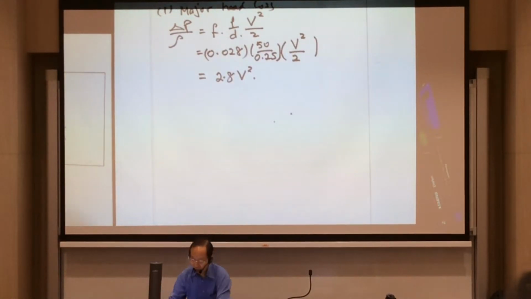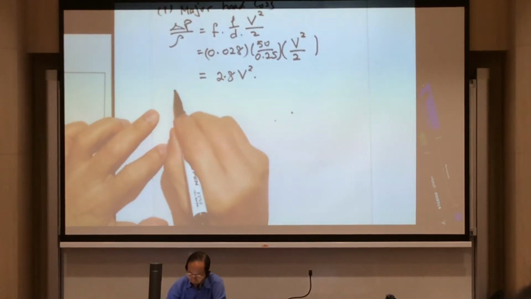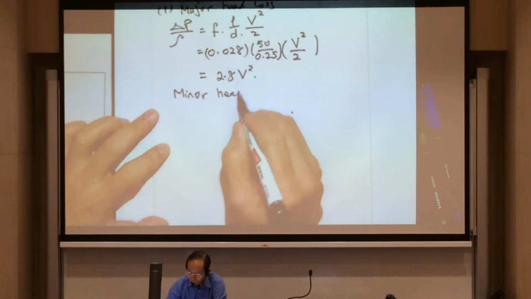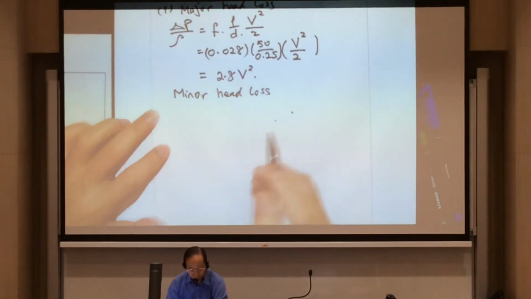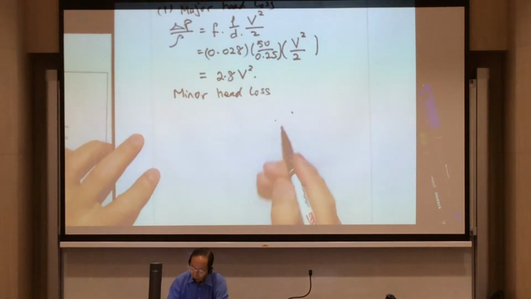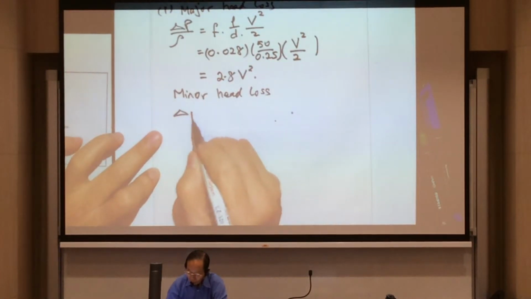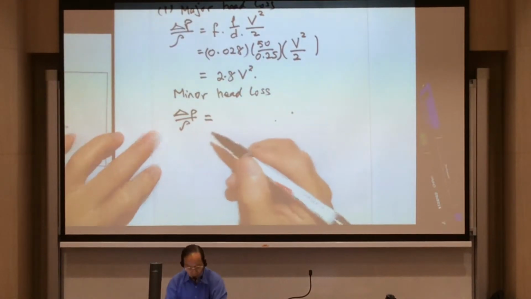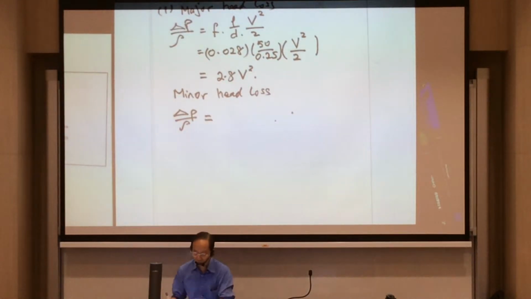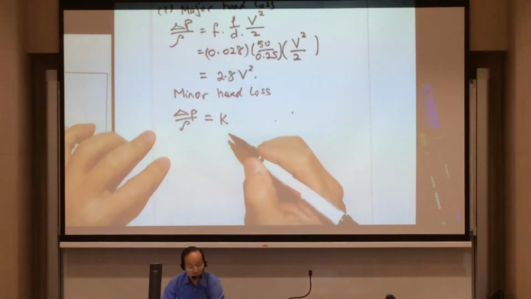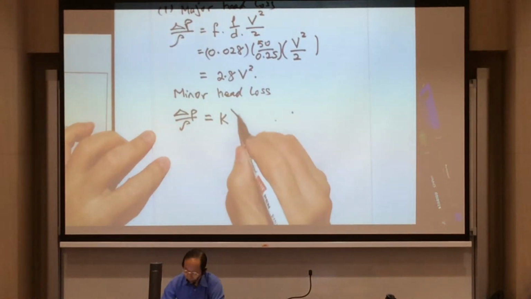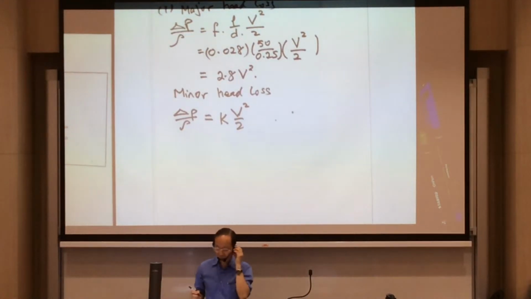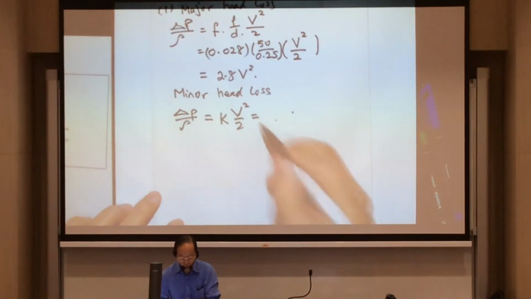Now, next, minor loss. What can we say about minor loss? Minor head loss. There's another similar expression or formula for delta P over rho, the minor head loss, which is the loss coefficient K times V squared over 2. Okay? Now, what is this loss coefficient?